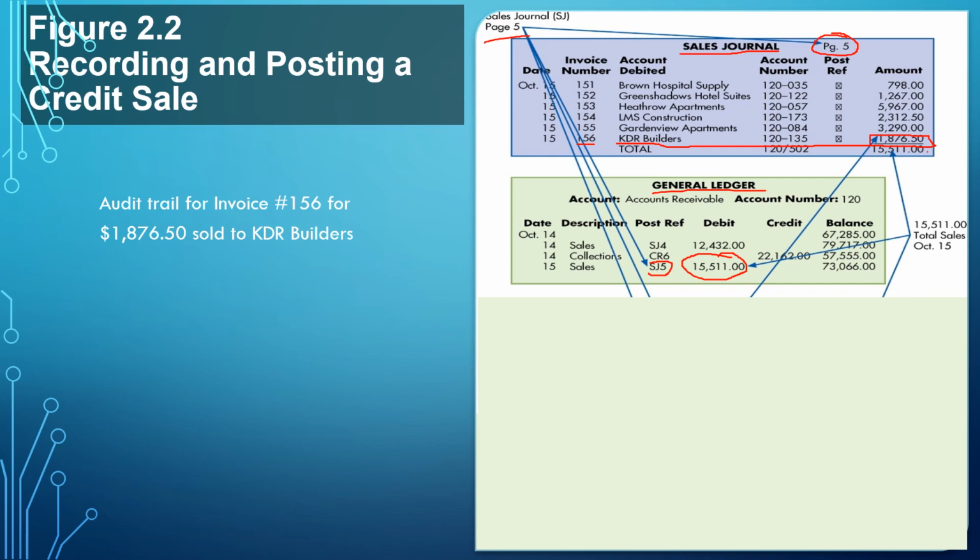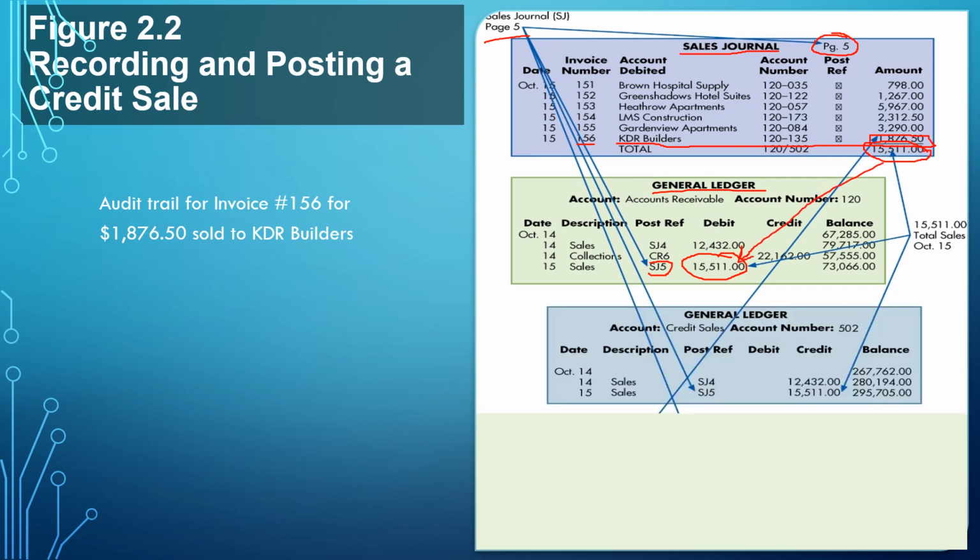So you can see here only the balance of the transaction posted to the general ledger. This is the general ledger for the account receivable, but in the general ledger for credit sales, we will see the same amount and the same reference number, and for sure the same date. The date will always be the same.